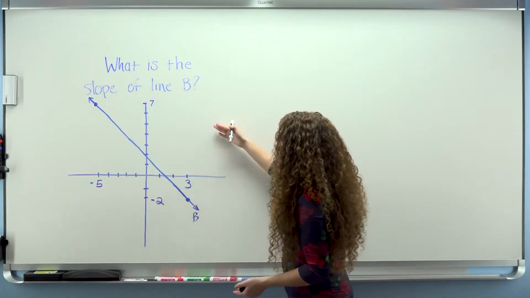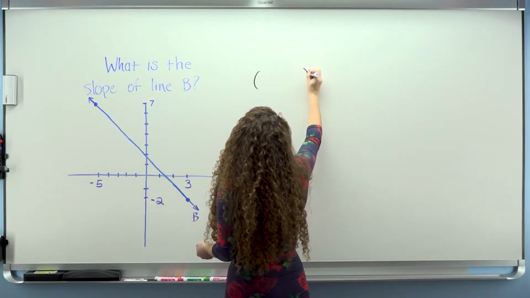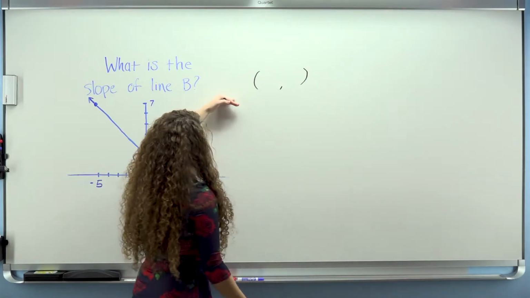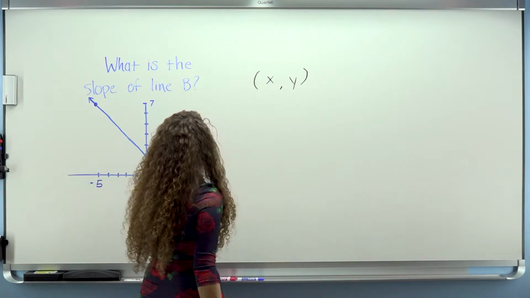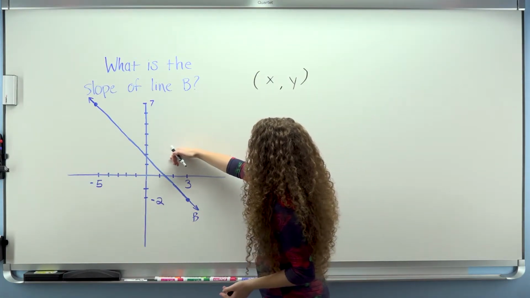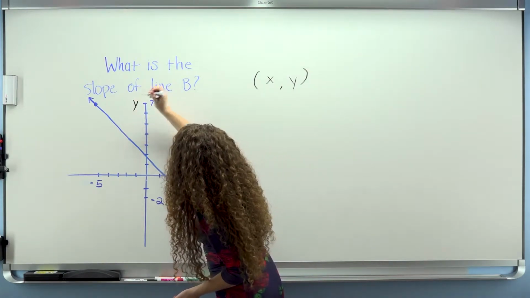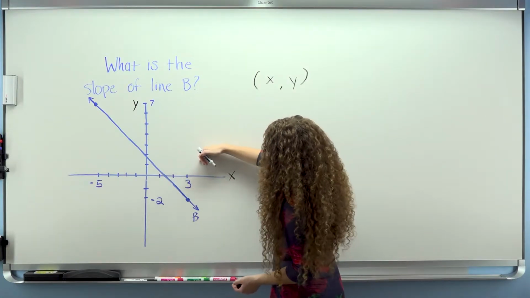Okay, so when we look at the graph, actually before we do that, to find our points on a graph, you have your coordinates x, y, right? So here when we're looking at our points, if you look at the x-axis and our y-axis, to make our points, we would look across the x-axis.